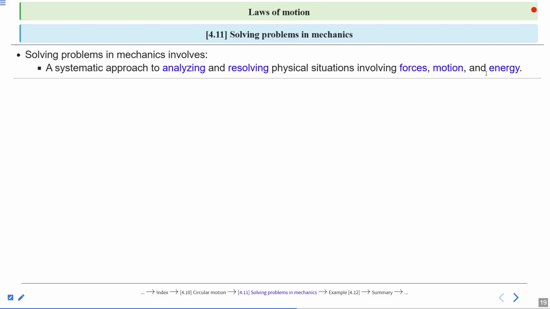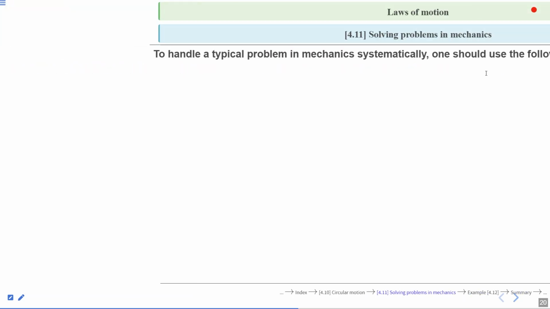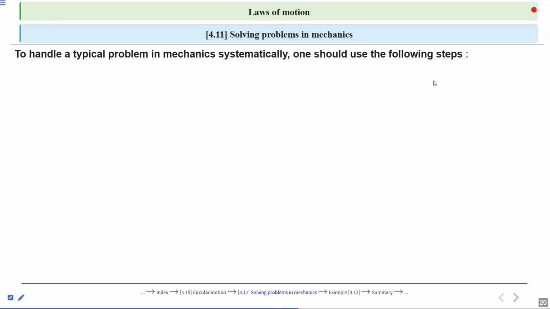So to solve problems in mechanics, there are some steps. To handle a typical problem in mechanics systematically, one should use the following steps.